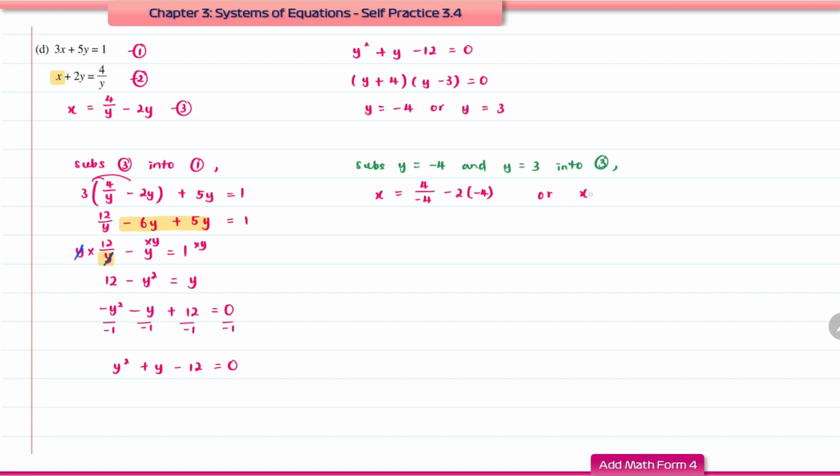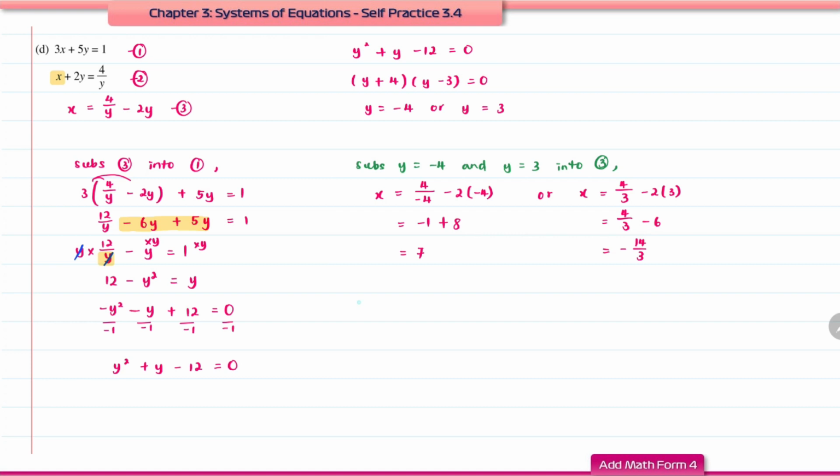And another one will be 4 divided by 3 minus 2 times 3. So here we're going to have negative 1 plus 8. So the x is equal to 7. So for the other part, it will be 4 over 3 minus 6. So solve this, you're going to get negative 14 over 3.